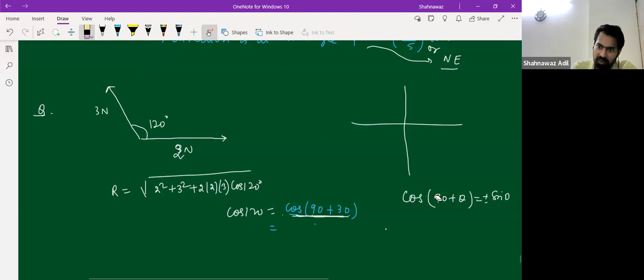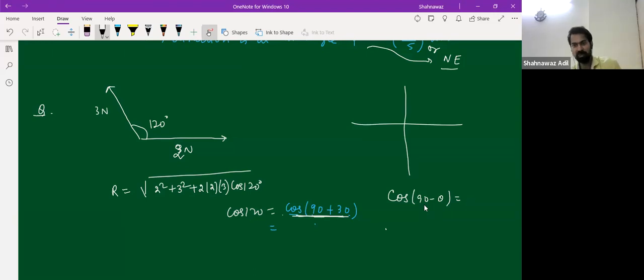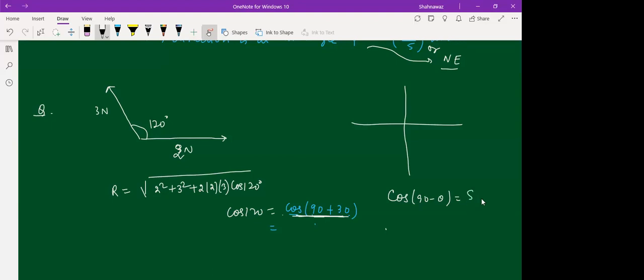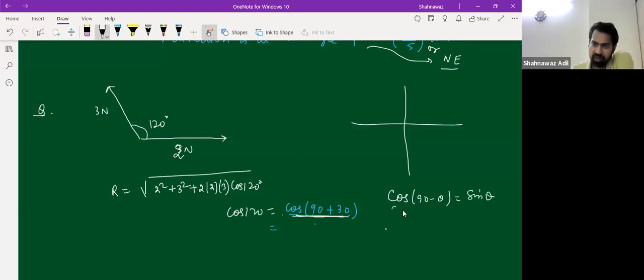Let me remind you: cos 90 plus theta is sine theta, right? And similarly, sine 90 minus theta is cos theta. So the cos changes to sine whenever you have an odd multiple of 90. This is the rule.